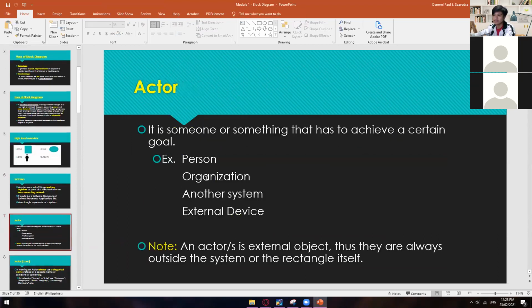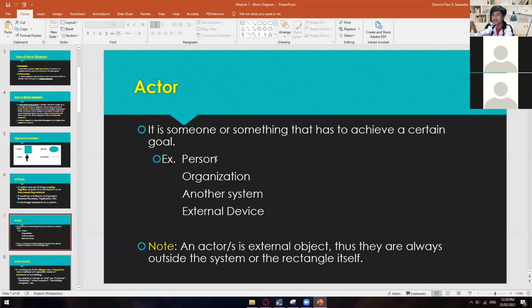Right. Next one here is an actor. It is someone or something that has to achieve a certain goal. What does that thing need in our system? What will he give to our system, and what is he expecting to get back from our system if he has a certain input?